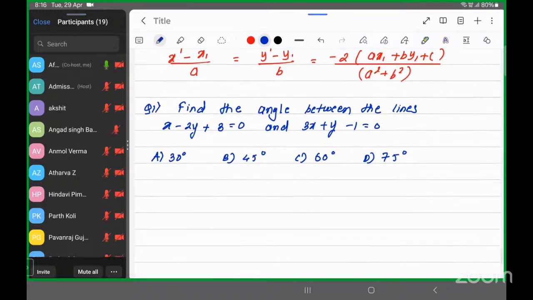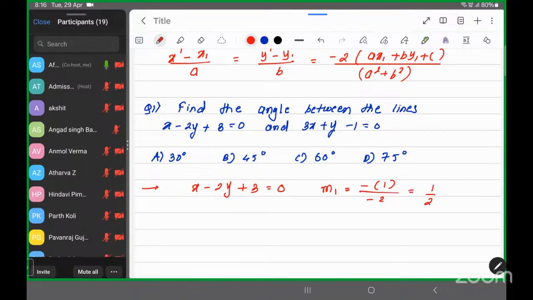Let's see how to solve this one. The first line is x minus 2y plus 3 equals 0. So I say the slope of this line is m1. How to find the slope from the general equation? Negative of coefficient of x upon coefficient of y.